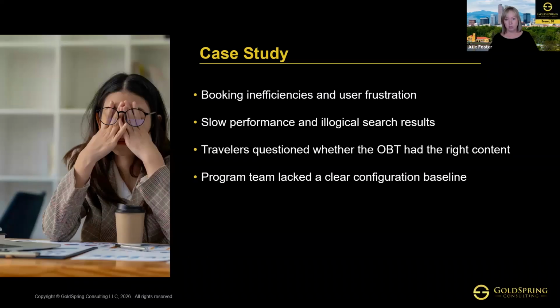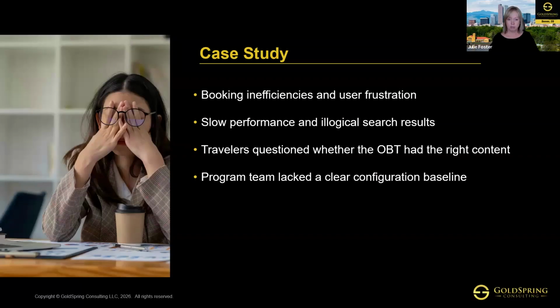And without a documented configuration baseline, the travel team couldn't quickly determine whether the problem was perception, content, policy, or a specific system setting. So the audit created the visibility needed to understand both what travelers were experiencing, but also what was happening behind the scenes.